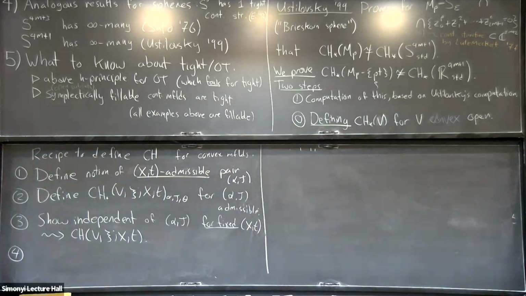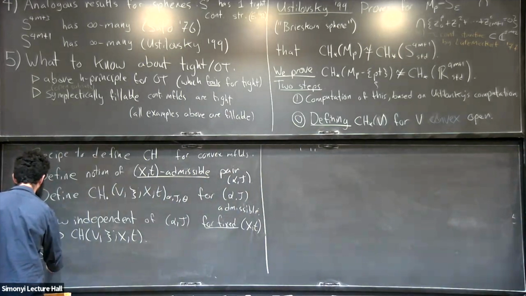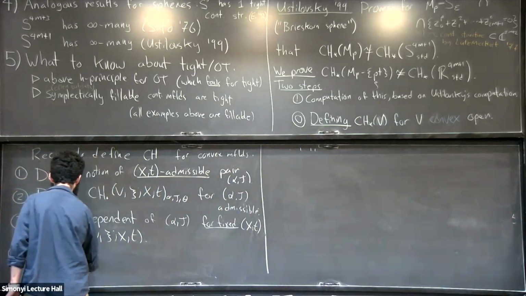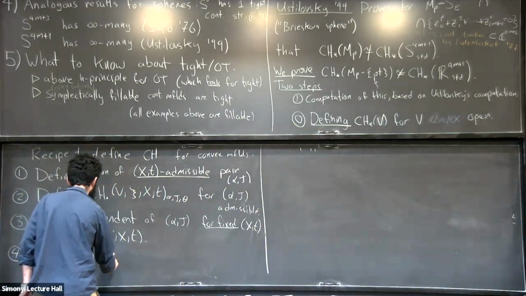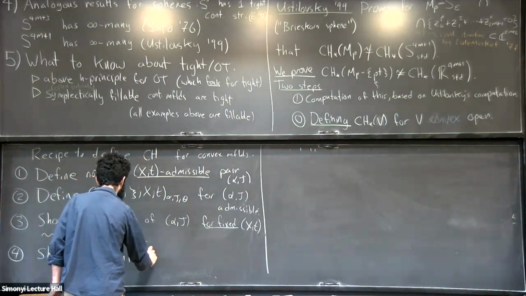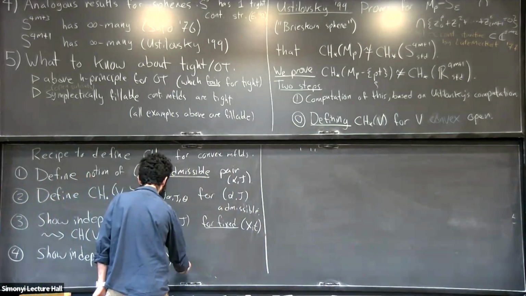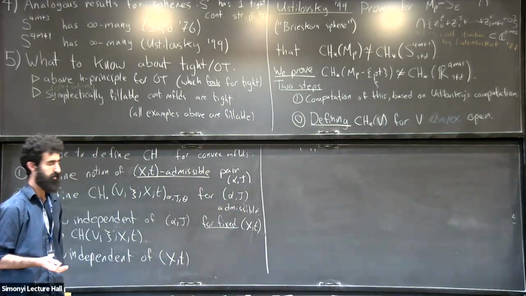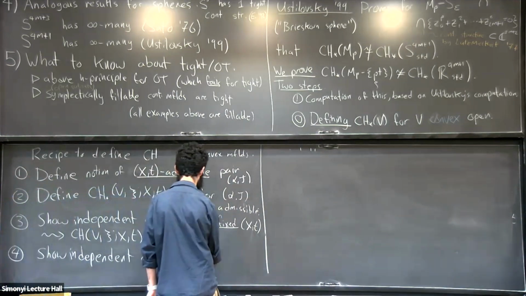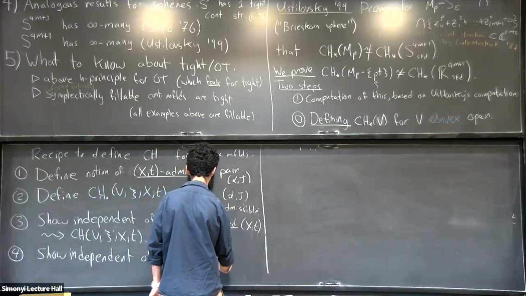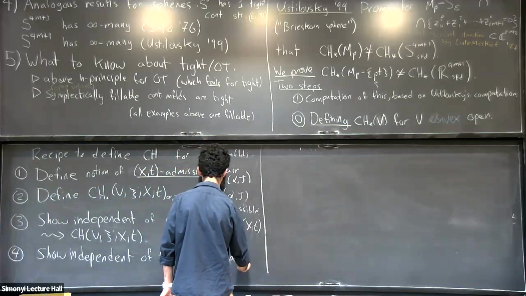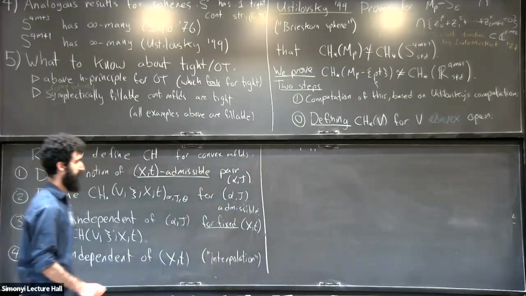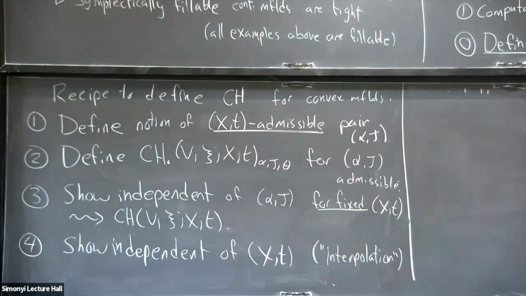However, when you have different convex structures, that argument doesn't work. So you have to do something else. We use an interpolation argument so that you can interpolate between different convex structures.